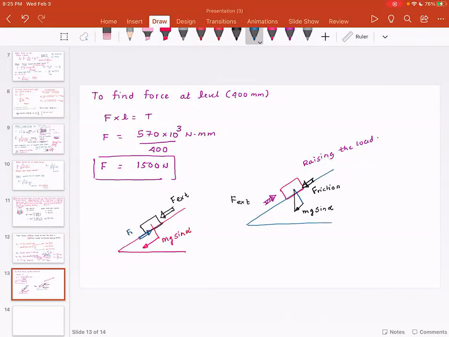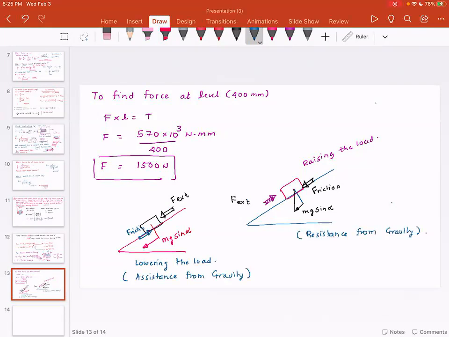So this is lowering the load. In this case, you have assistance from gravity. In the earlier case, you have resistance from gravity.